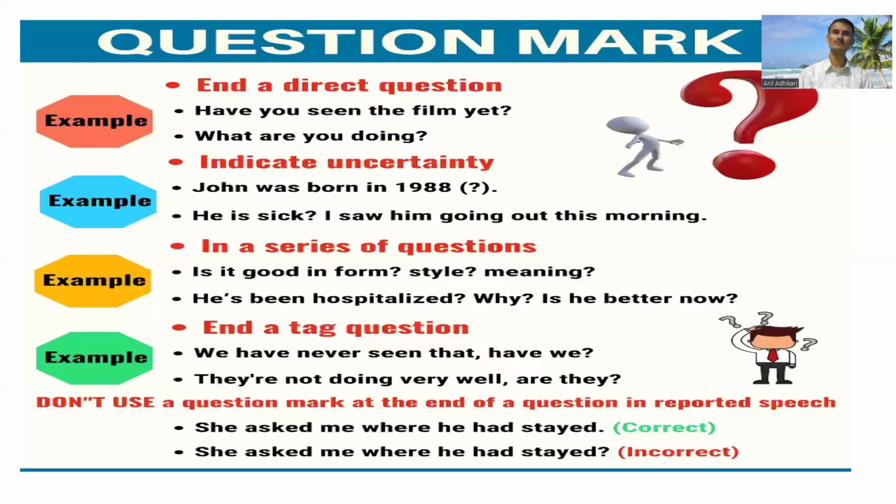Another example we can see here. Question mark rules: in a direct question, we use a question mark, like, have you seen the film? To indicate uncertainty, as in the example I already told you. In a series of questions, and in a tag question also: he is a teacher, isn't he? I am a girl, aren't I?